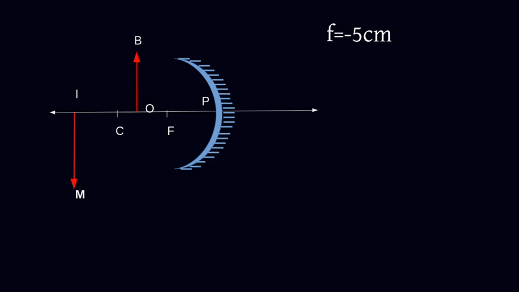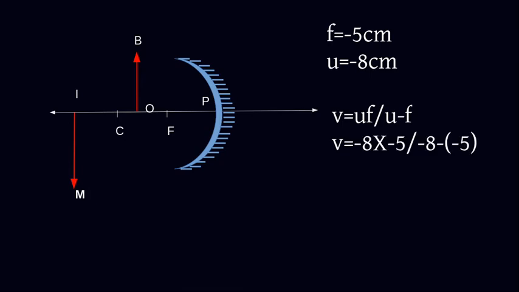Now f is equal to minus 5 and u is equal to minus 8, and see v is equal to uf by u minus f. By simplifying the mirror equation, v is equal to uf by u minus f. V is equal to minus 8 into minus 5 divided by minus 8 minus minus 5.